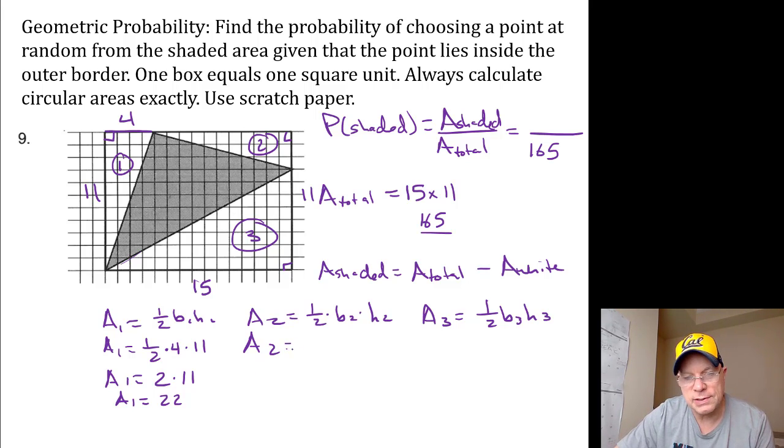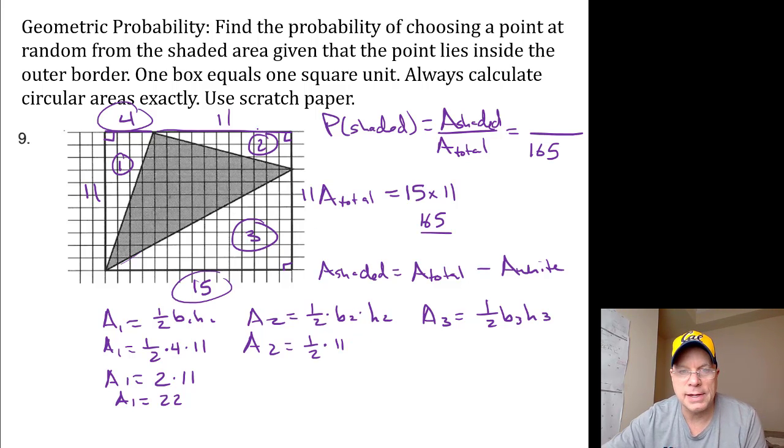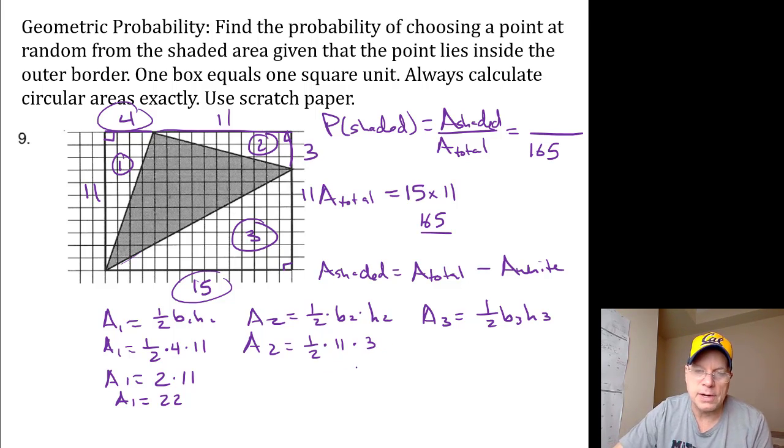Area of triangle 2 is half of the base, which if this is 4, this must be 11, using this concept. And the height is 3, so half of 11 times 3. So half of 33 is 16.5. Area of triangle 2 is 16.5.